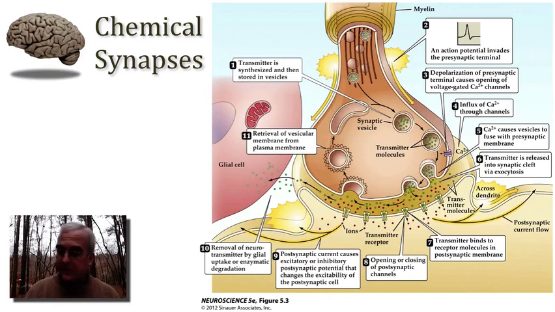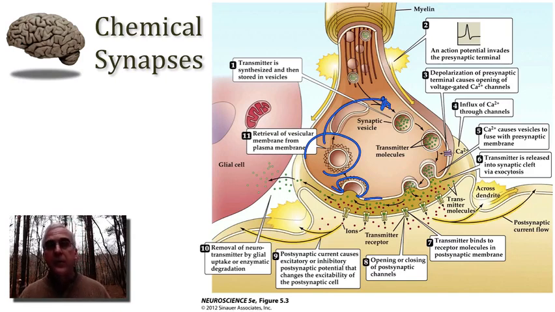And then finally, the last thing that typically happens is that the membrane from the synaptic vesicle is retrieved and recycled so that the specialized proteins associated with that membrane can be reused and the membrane itself can be recaptured.